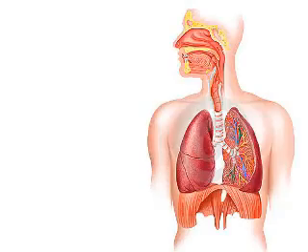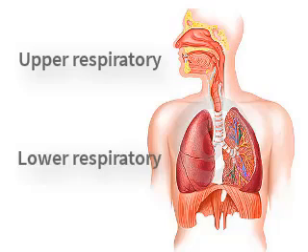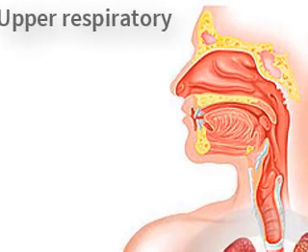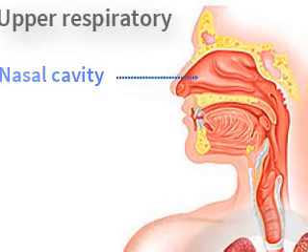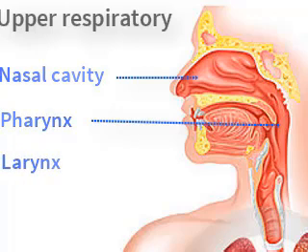The human respiratory system is divided into two parts: the upper respiratory tract and the lower respiratory tract. In the upper respiratory tract, we have the nasal cavity or nose, pharynx, and larynx.